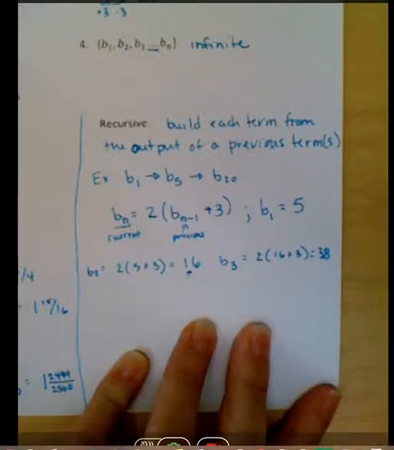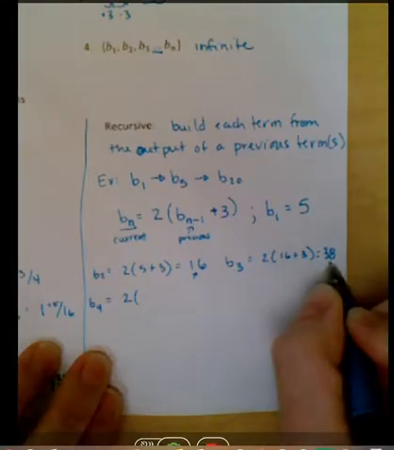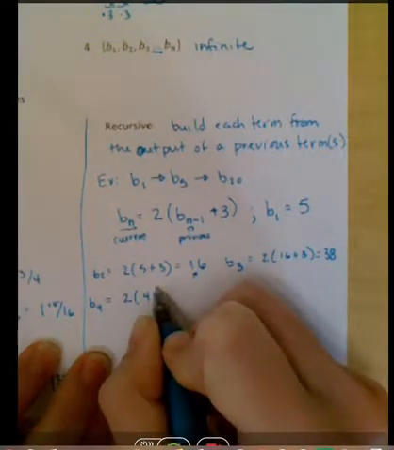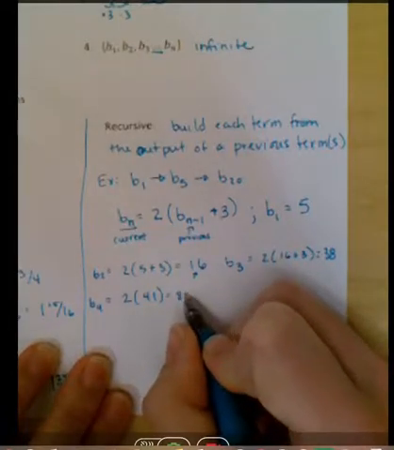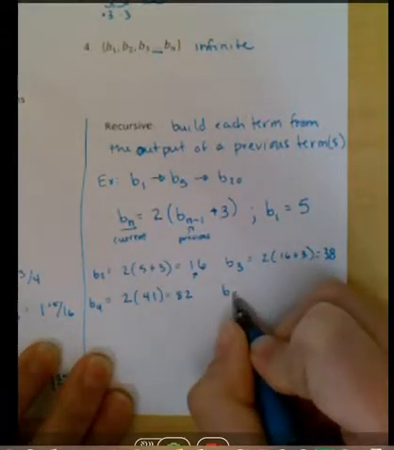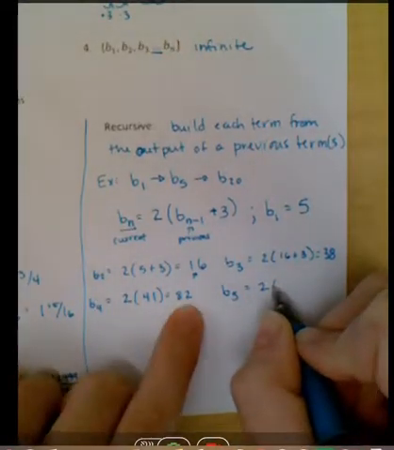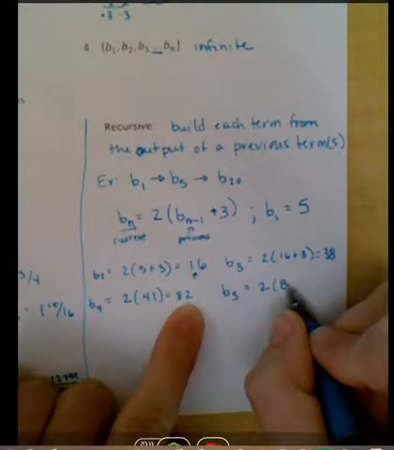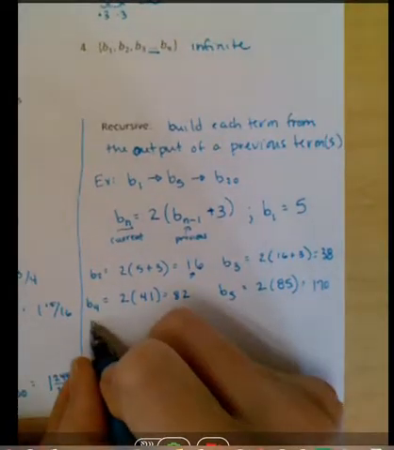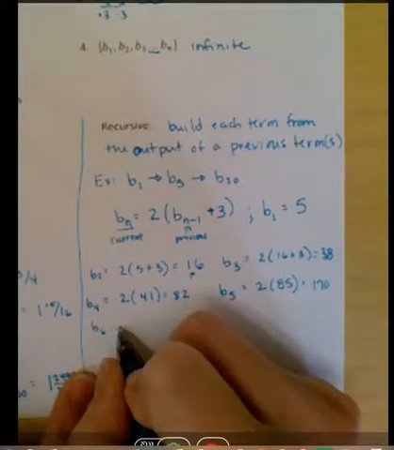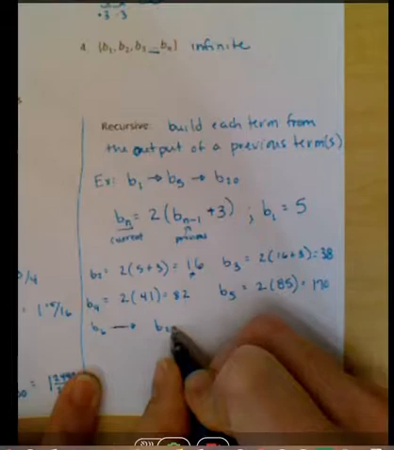Then b sub 4 equals 2 times 38 plus 3 is 41, which becomes 82. And then b sub 5 equals 2 times our previous number plus 3, 85, equals 170. And then you could do b sub 6 and so on. That sounds like a lot of work, all the way out to b sub 20.